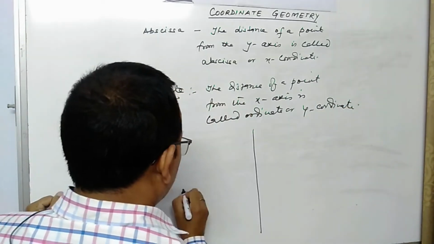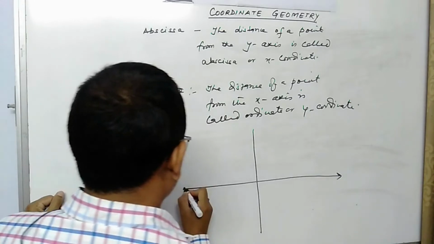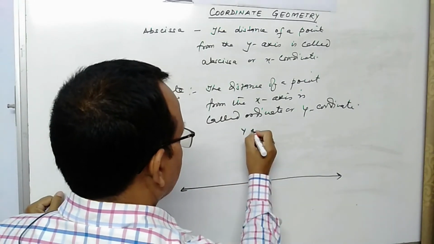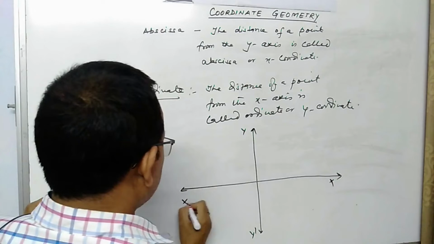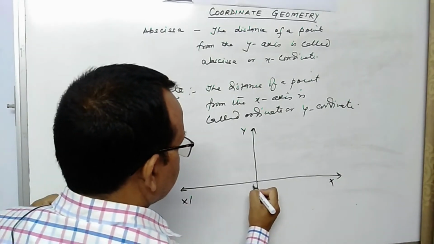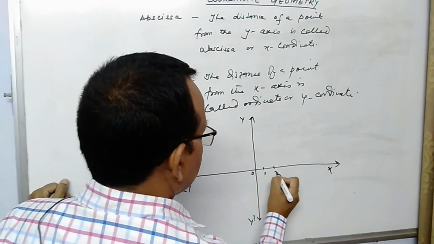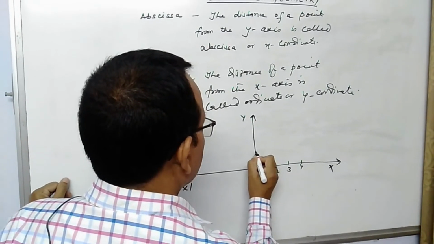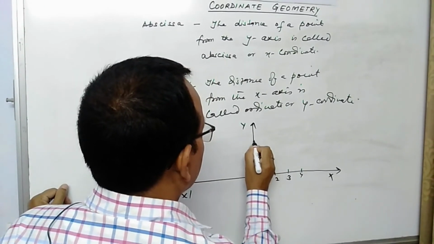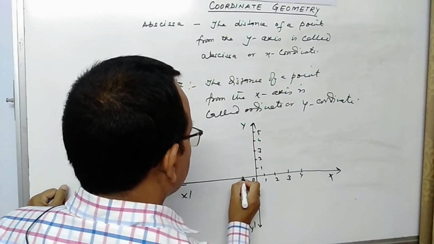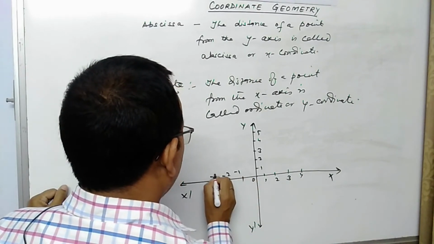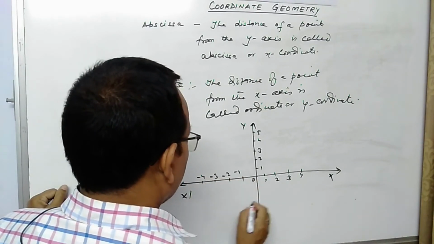Suppose this is a Cartesian plane. This is y, this is y dash, this is x dash, and this is the origin 0. Suppose this is 1, 2, 3, 4, 1, 2, 3, 4, 5. This is negative, minus 1, minus 2, minus 3, minus 4.